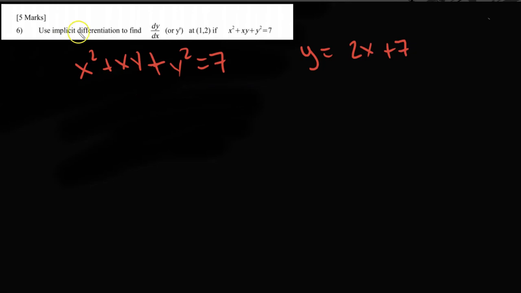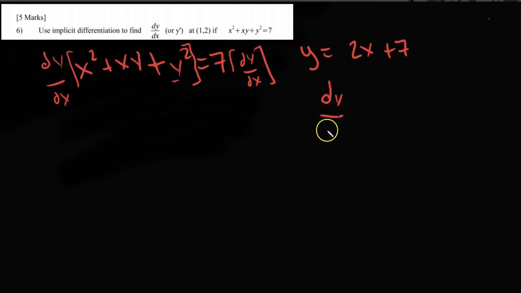Implicit differentiation is where you go term by term through the whole equation and differentiate it with respect to x, d/dx of everything on both sides. But notice that when it comes to differentiating the y, just memorize these rules. The derivative with respect to x of y is just y prime.